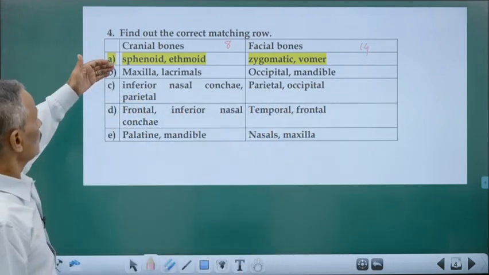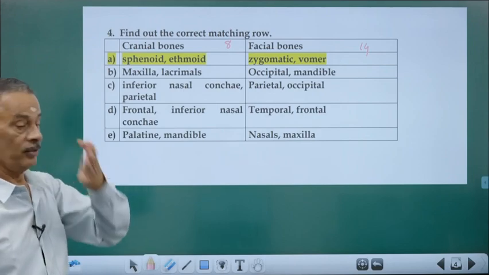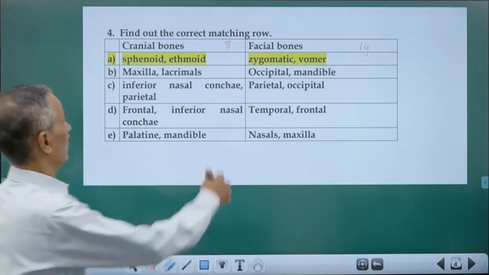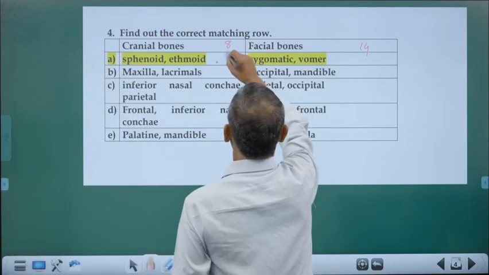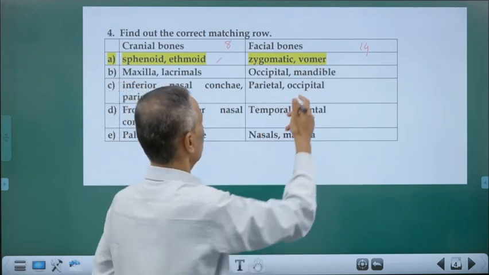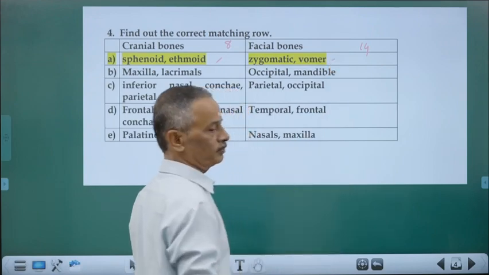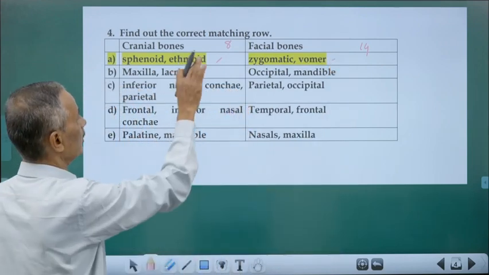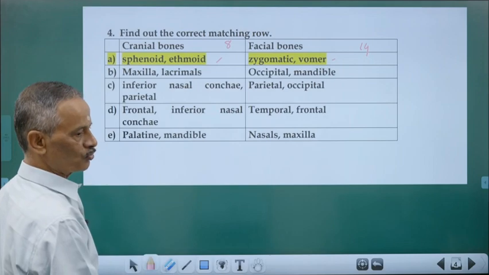Cranial bones, sphenoid and ethmoid, that's correct. Now, zygomatic, the large bone, and vomer single one, they are part of the facial bones. That's correct.